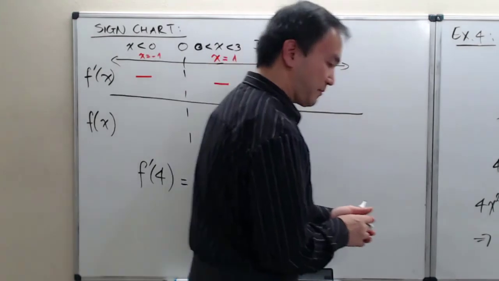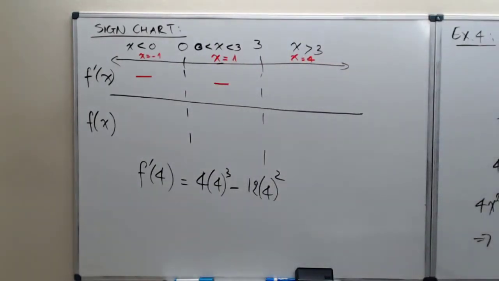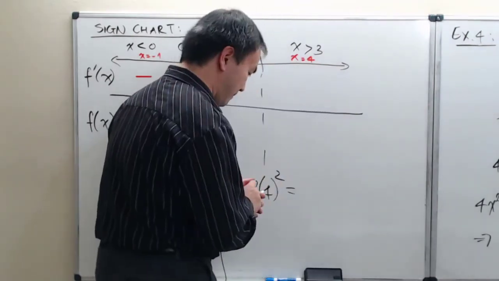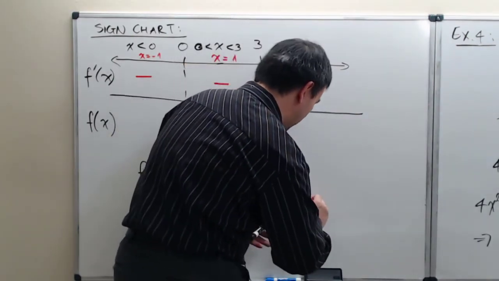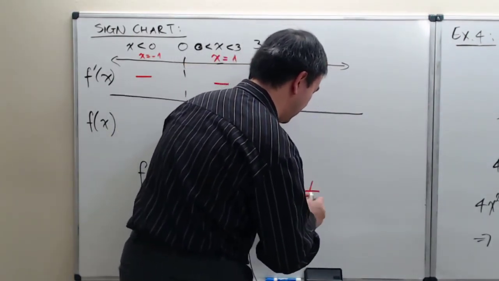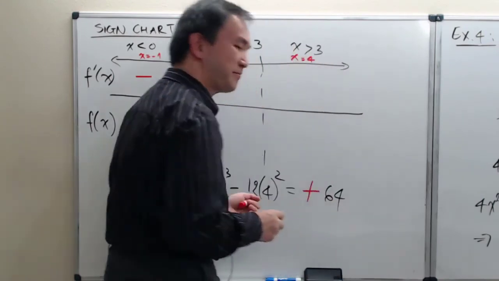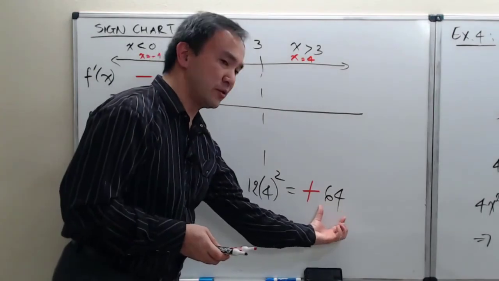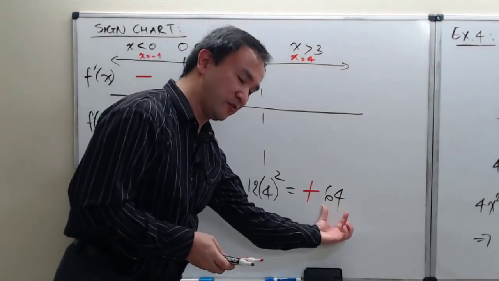Now I need to step out for a quick calculation. My calculation shows positive 64 this time.